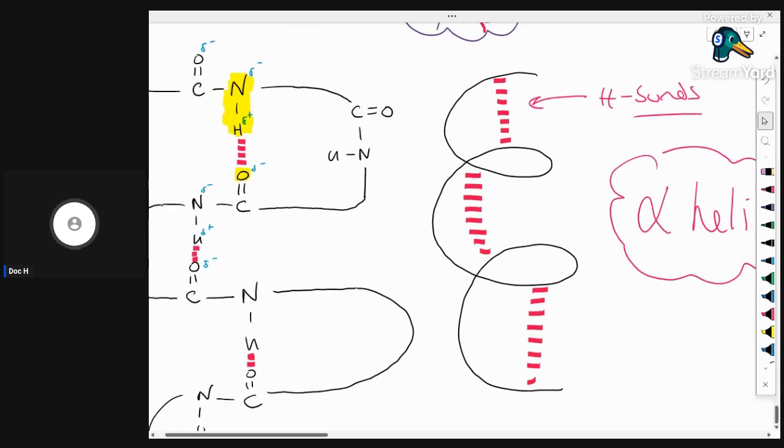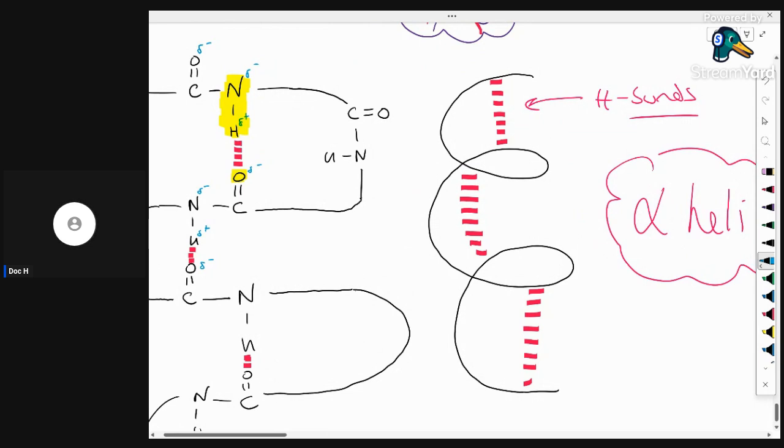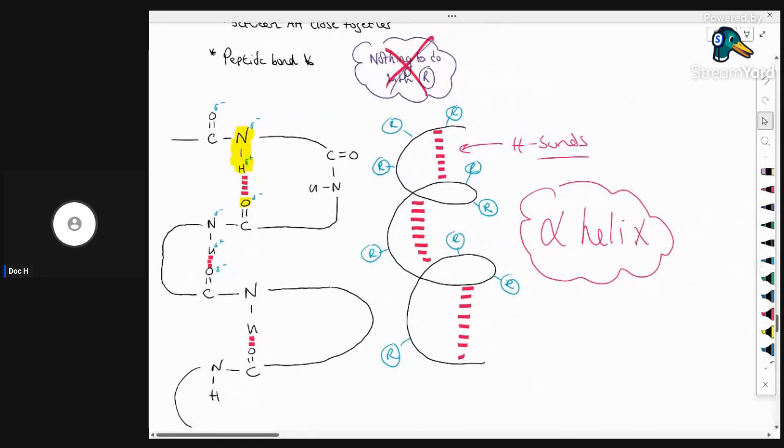It's important to note that the R groups stick out the side of the structure. They do not participate in the formation of these hydrogen bonds. Okay, so the R groups of all the amino acids are sticking out of the structure like this. They stick on the outside of the alpha helix.